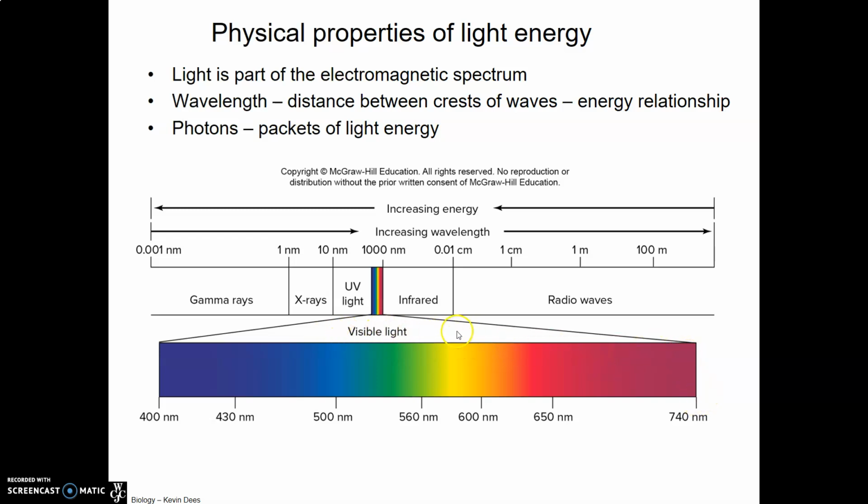Now, you've all seen a rainbow before, and rainbows work the same way, except that instead of a glass prism, these wavelengths of white visible light are passing through raindrops, and this has the same effect where the colors are separated. So red, orange, yellow, green, blue, indigo, and violet.